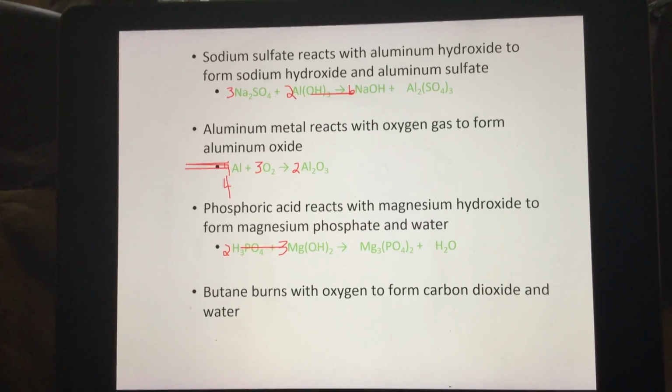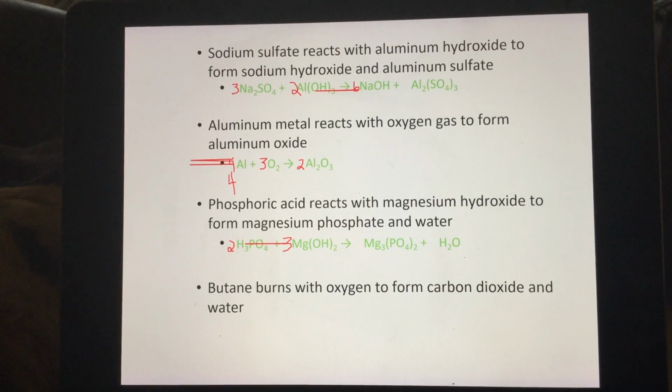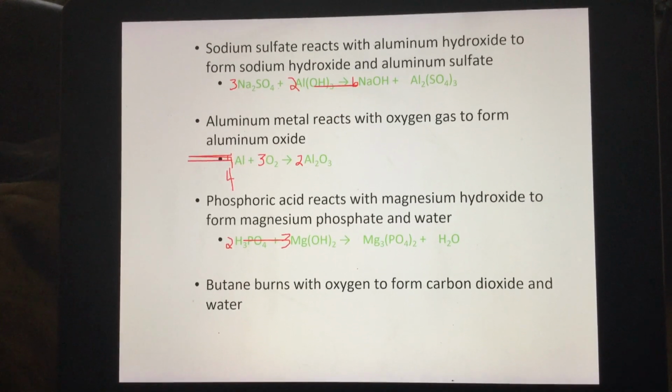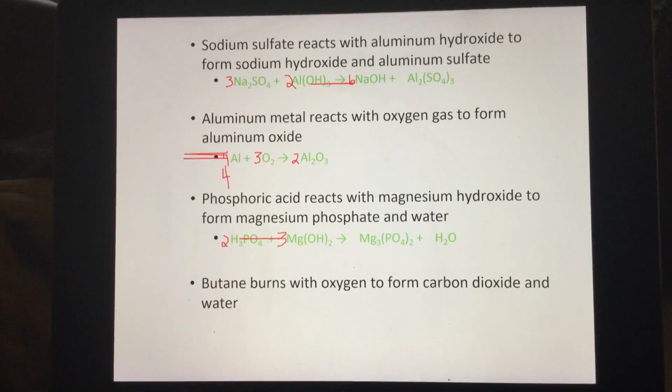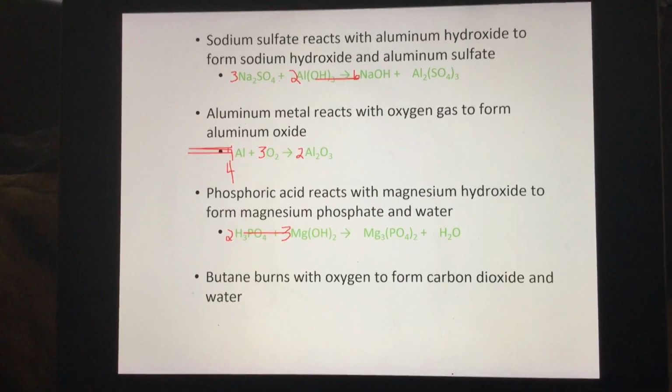But the hydroxides don't stay together. Over here there's no hydroxide, we've got water. So that's an example where, and hydroxide will do this a lot, it separates and we can't balance it as a whole unit. We're going to have to balance the hydrogens and the oxygens individually.